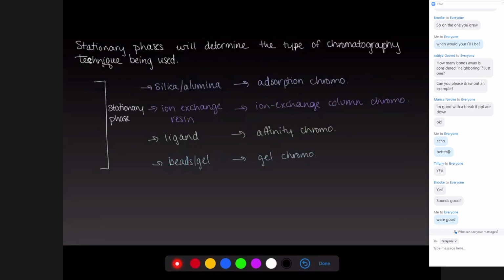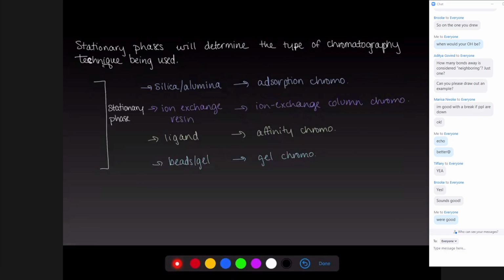Stationary phases will determine the type of chromatography technique being used. So depending on your stationary phase, you will determine what type of chromatography you should probably use in the lab. So I'm sure you guys have heard of ion exchange columns, affinity chromatography, absorption chromatography, and gel chromatography.